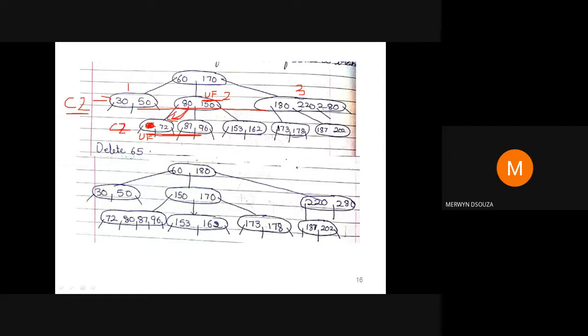When I pull this value down, I merge it, so I make it 72, 80, 87, 96. So I solve the deletion of 65, this node with the underflow, with case 2.